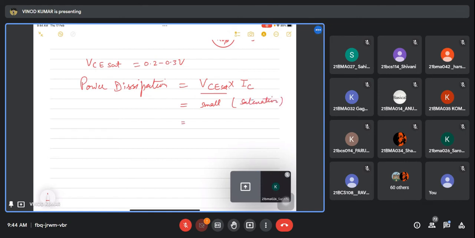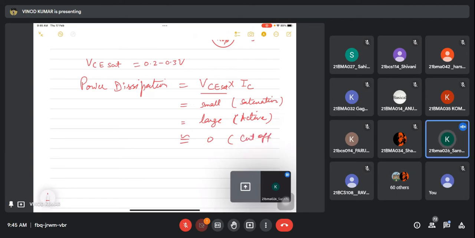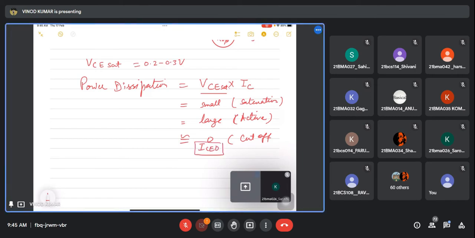It is large in the active region, and approximately zero in cutoff, because only ICEO current flows and IB current is zero. So this dissipation is approximately zero in cutoff and small in saturation.